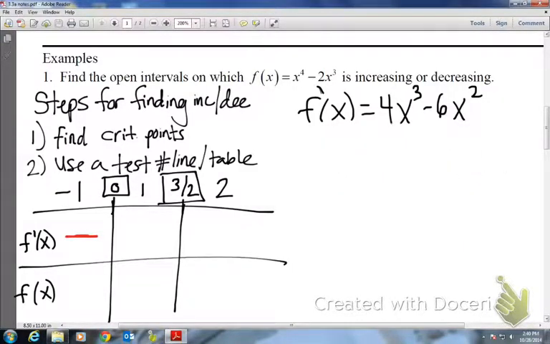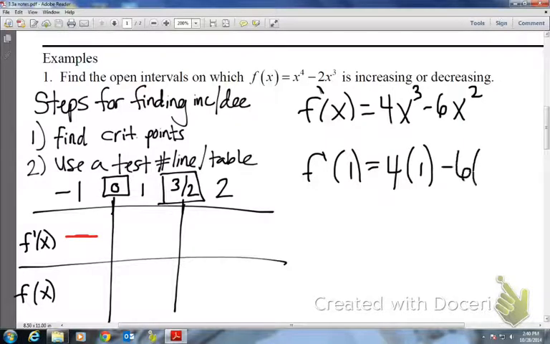My next test point is 1, so now I'm going to take 1 and plug it into the derivative. So f prime of 1 equals 4 times 1 cubed, which is 4, minus 6 times 1 squared, which is 6. So that's 4 minus 6, which is -2, which is also negative. So in this one, I'm going to write negative.